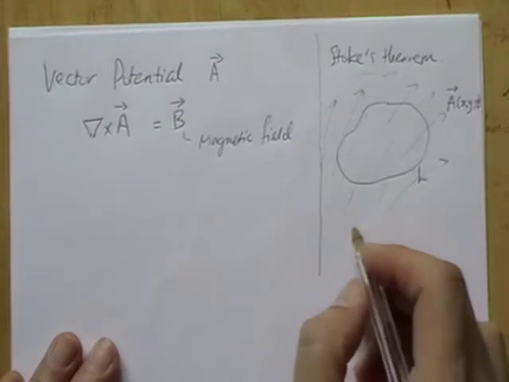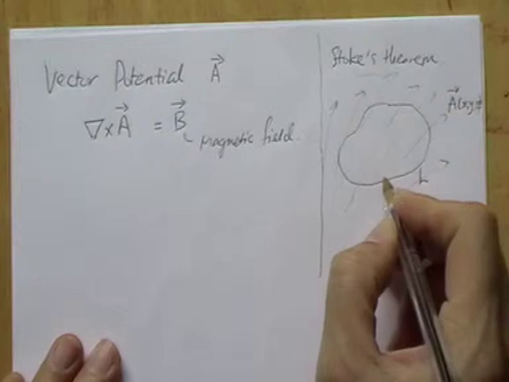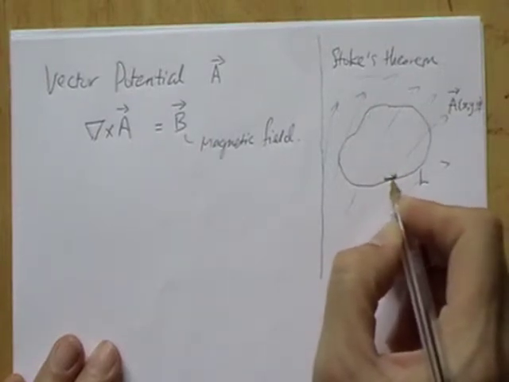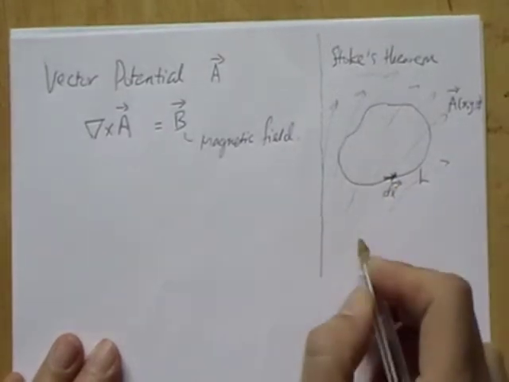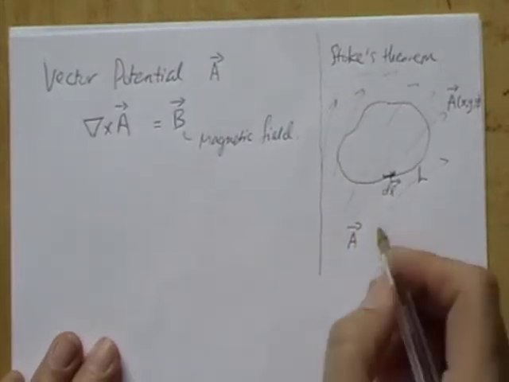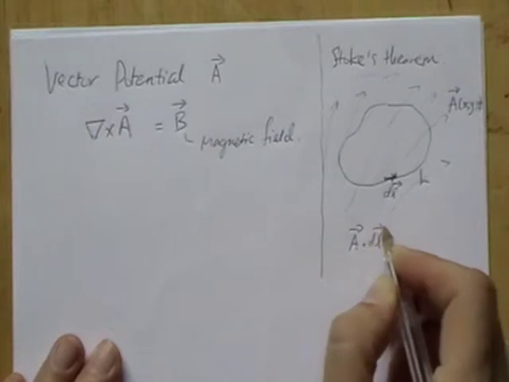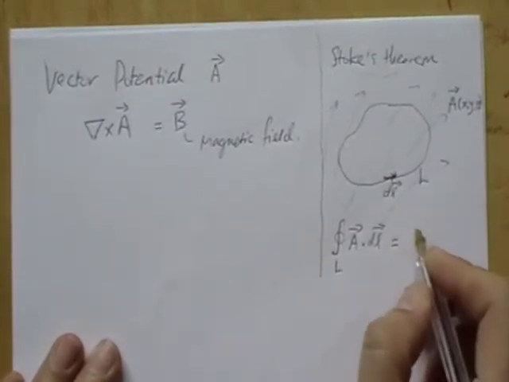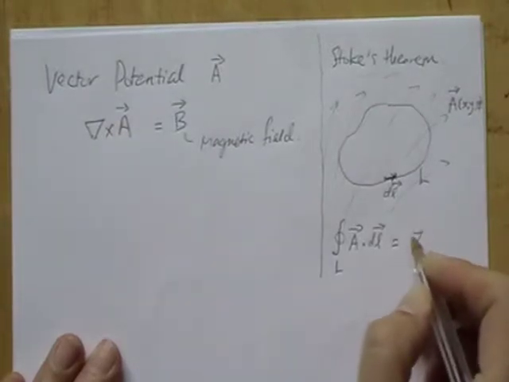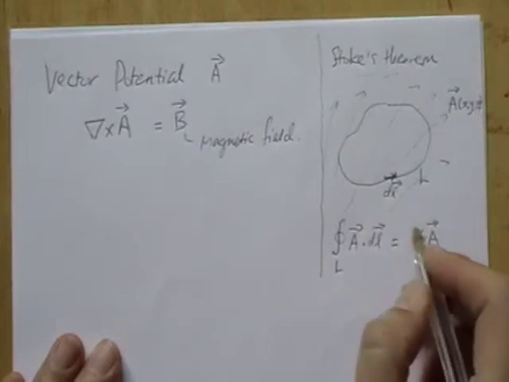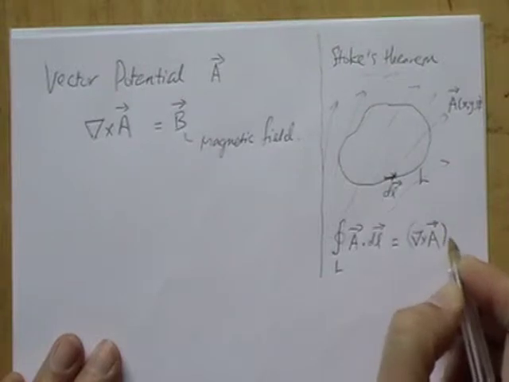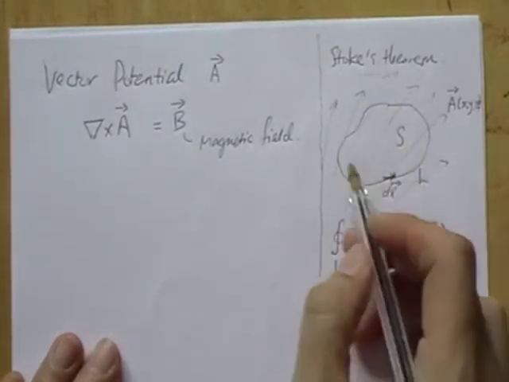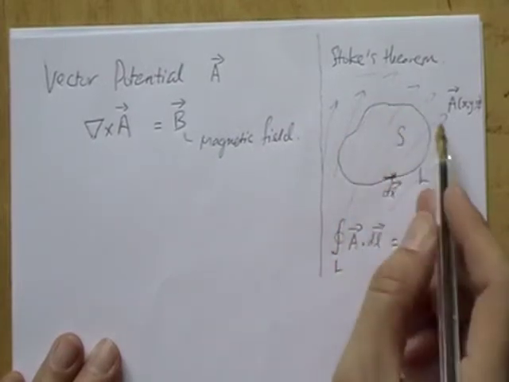Stokes' theorem says that if you think about a short section of this loop as a vector dl, and if I take the dot product of A and dl and integrate it around the loop, then the result is equal to the curl of A dotted with ds, integrated over S. Here S is any surface enclosed by this loop, that has this loop as the boundary.